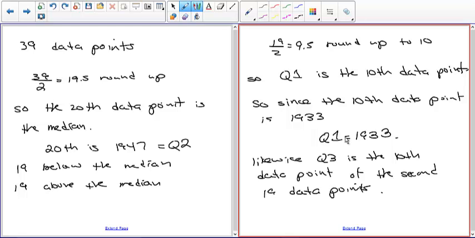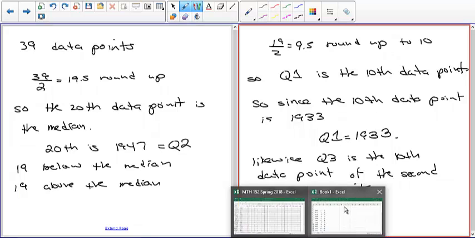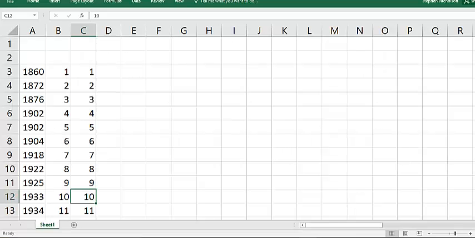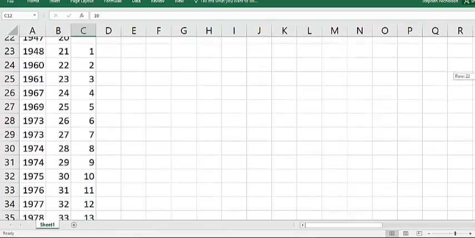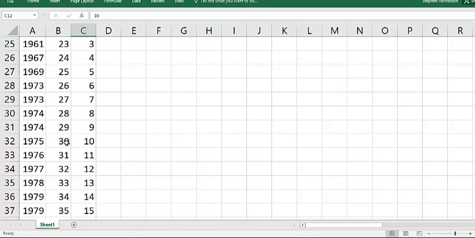So all I have to do now is go back to my list and find the 10th data point of the second bunch, which is 1975.